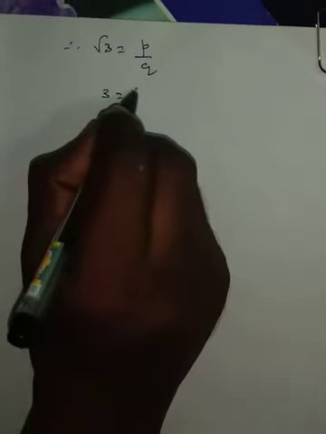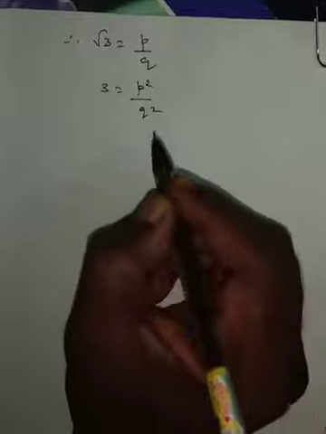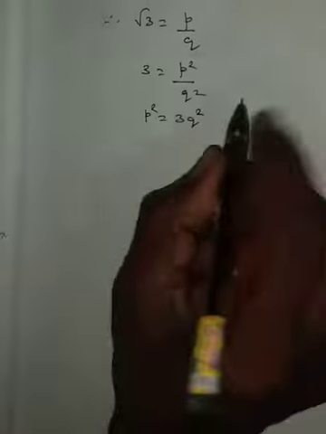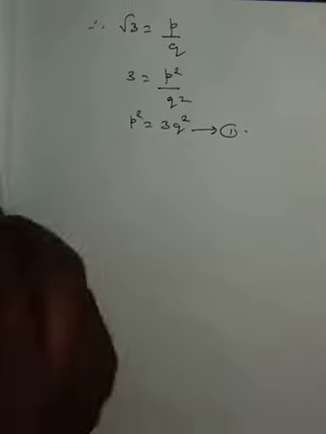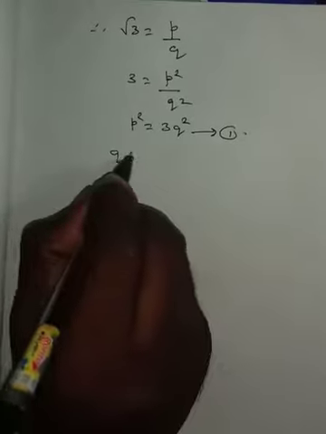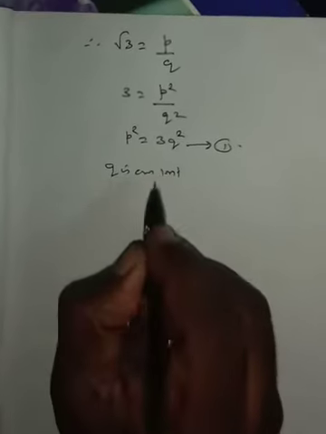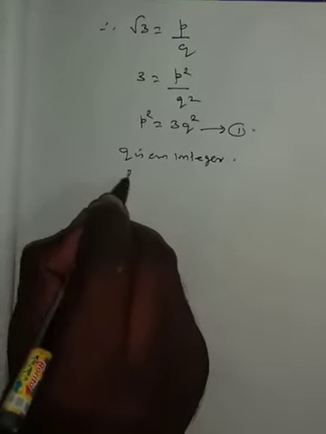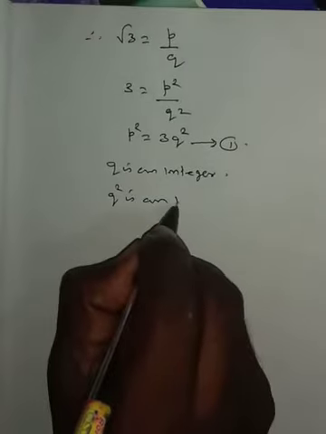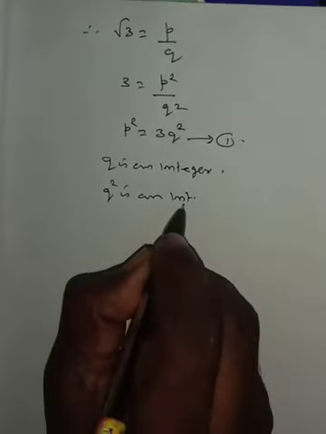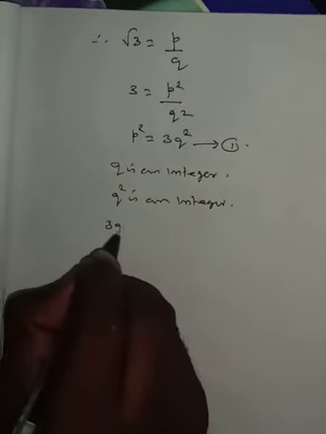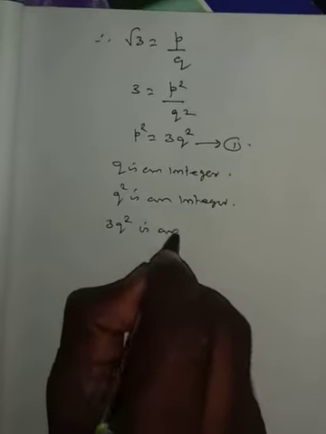Squaring on both sides, 3 is equal to p square divided by q square. Cross multiplying, p square is equal to 3q square. Call this equation number 1. Q is an integer, so q square is an integer. Q square is an integer multiplied by the constant 3, so 3q square is an integer.